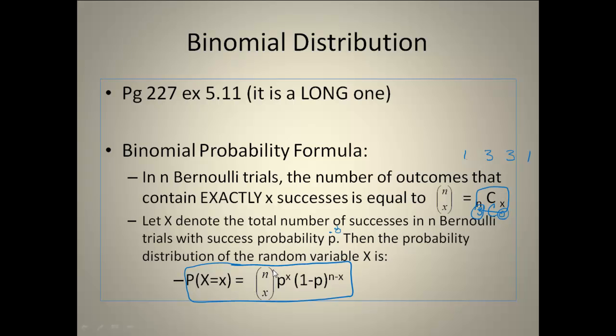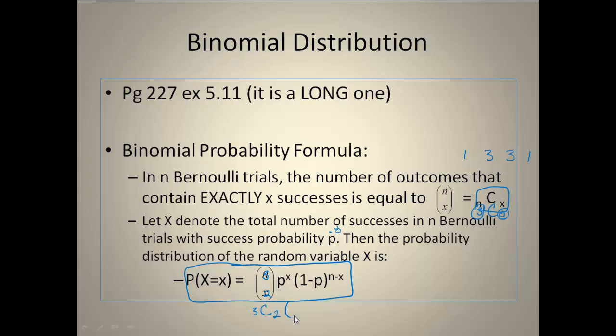Now, the formula really looks strange at first, but remember, this n over x is really a combination. So if we did that, the probability that exactly 2 were alive from the last example, we would have done 3 choose 2 because I wanted exactly 2 to be alive.